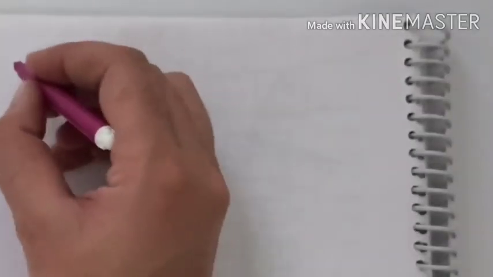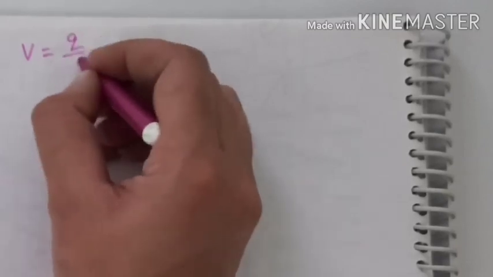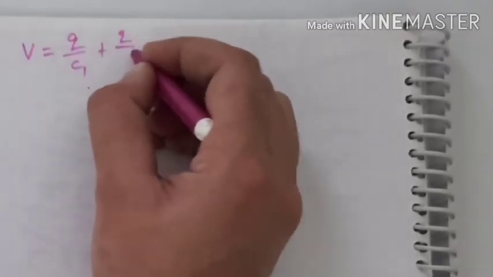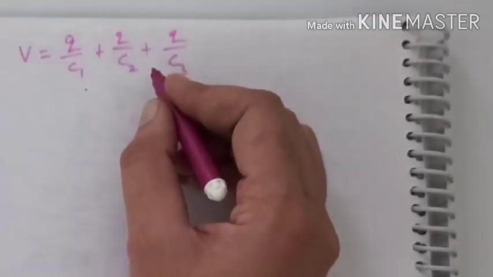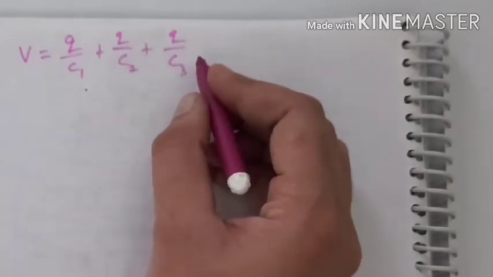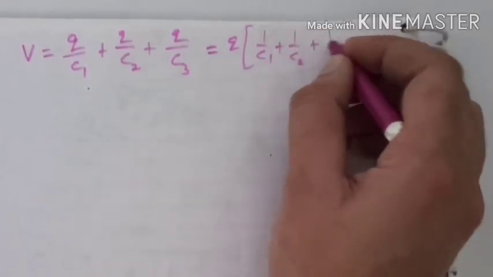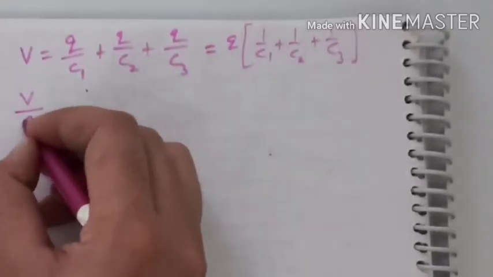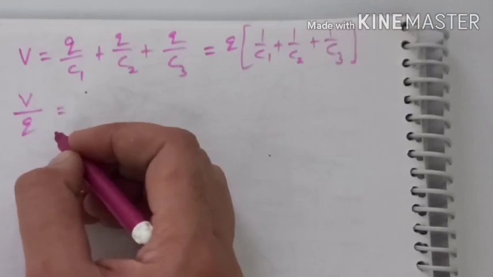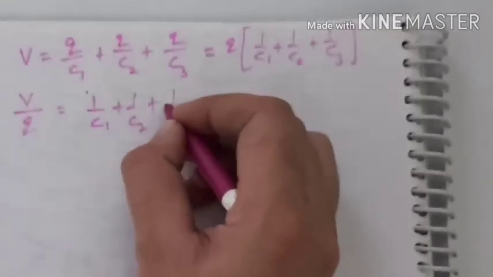We get the total potential V equal to Q over C1 plus Q by C2 plus Q by C3, because charge is same across all three capacitors. Taking Q common, V is equal to Q times 1 by C1 plus 1 by C2 plus 1 by C3. Taking Q in the denominator on the left side, V by Q is equal to 1 by C1 plus 1 by C2 plus 1 by C3.